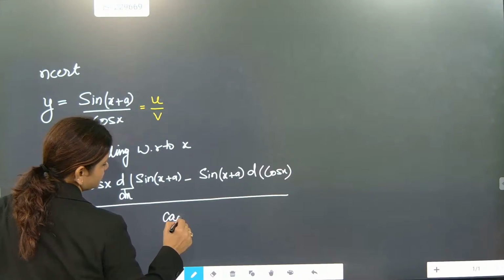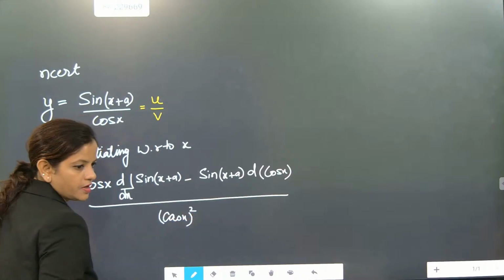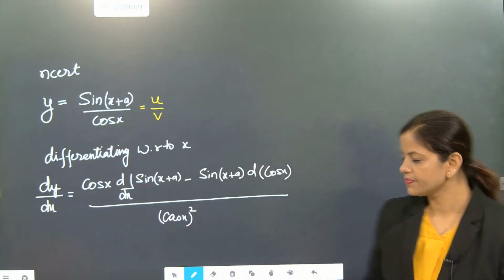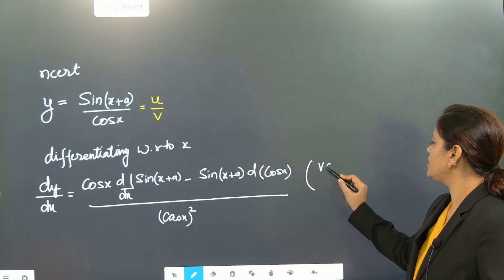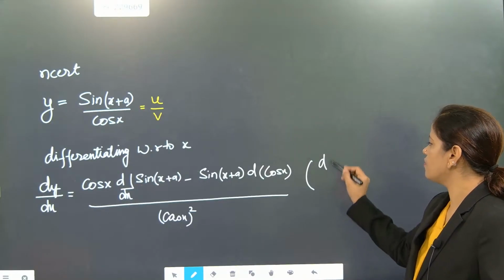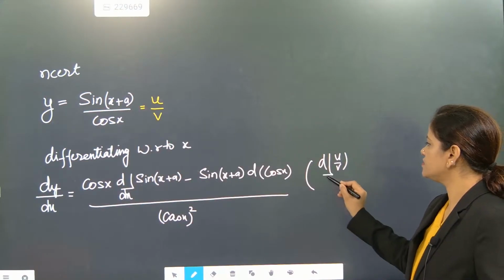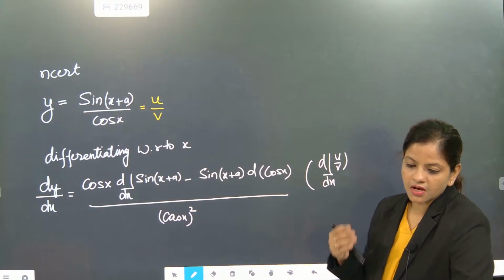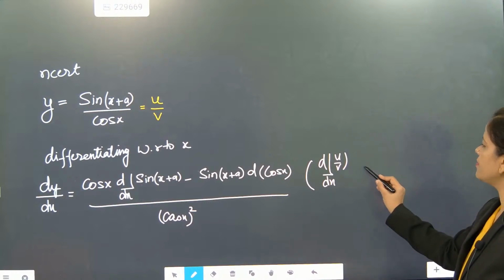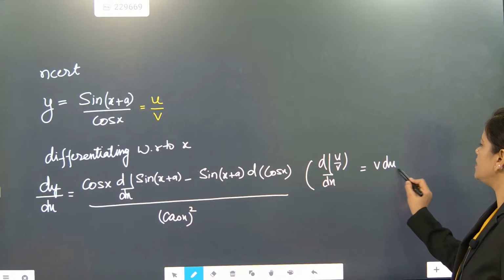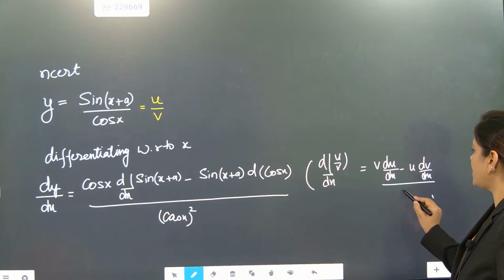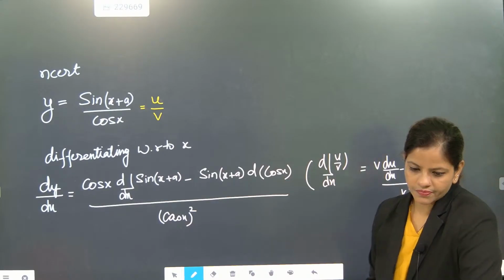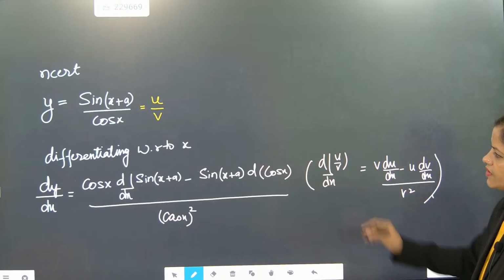Here it will become cos x whole square. The derivative of u by v is v du by dx minus u dv by dx, by v square. So this is the formula. Understood? This formula only we have used here.